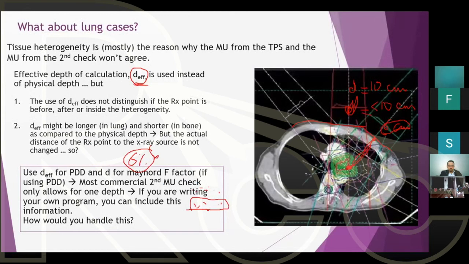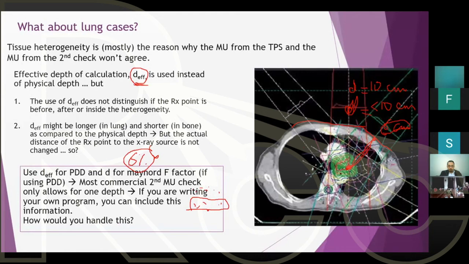Lung is really crazy, right? Especially in this case, if you pay attention, the isocenter is right there at the interface between the aortic arch, the tissue, and the lung, and this is not where you're supposed to put your prescription point. That's a mistake. However, this is an IMRT plan, so it doesn't matter. But you have to really pay attention to where you put your prescription point.